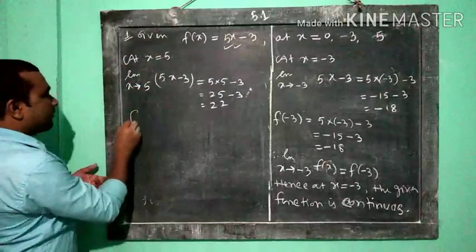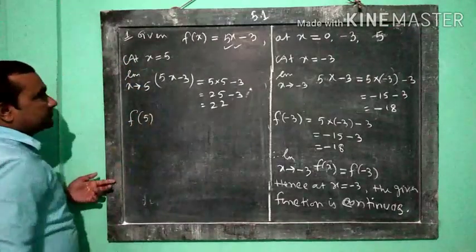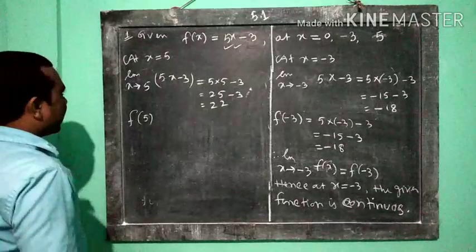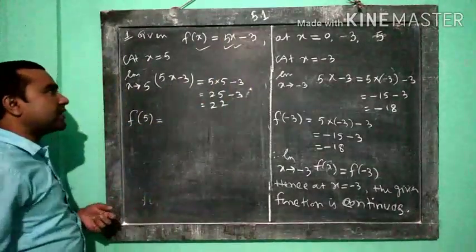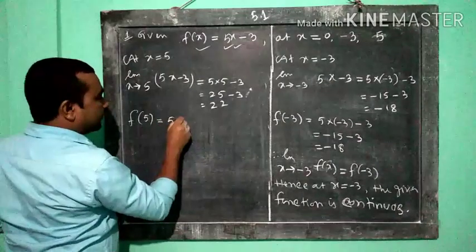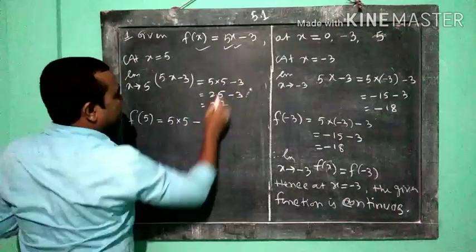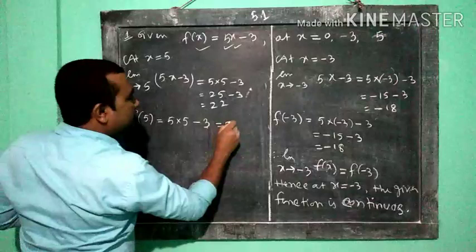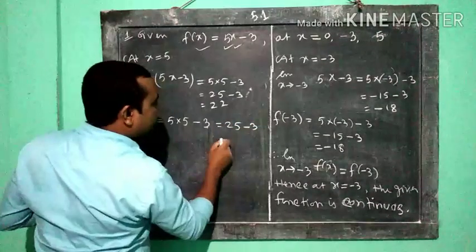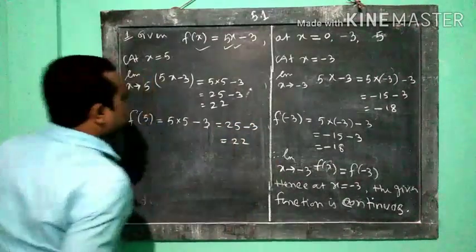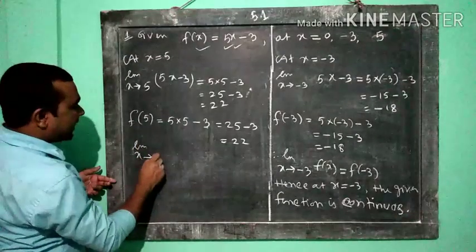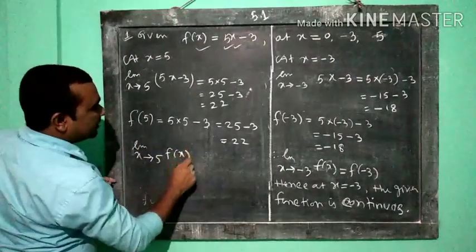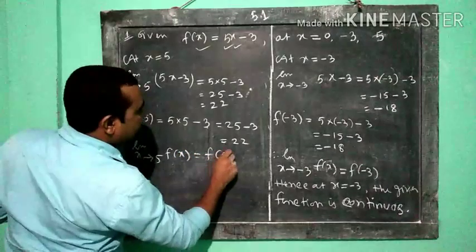Now find the value of f(5). In this equation, x is replaced by 5, so we put 5 into 5 minus 3, which is 25 minus 3, equal to 22. Here also we have the limit as x tends to 5 of f(x) equal to f(5).